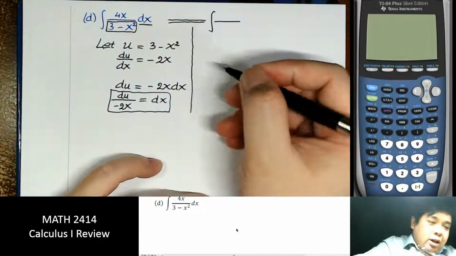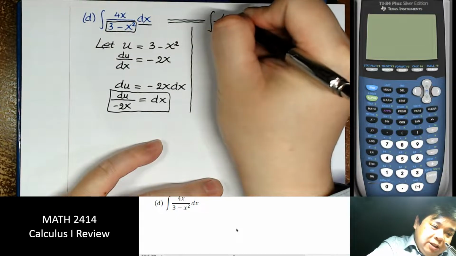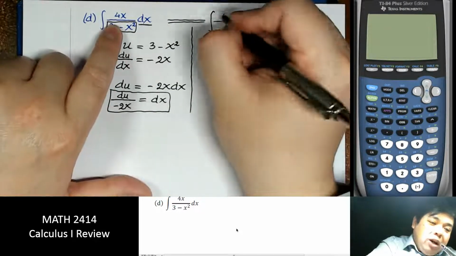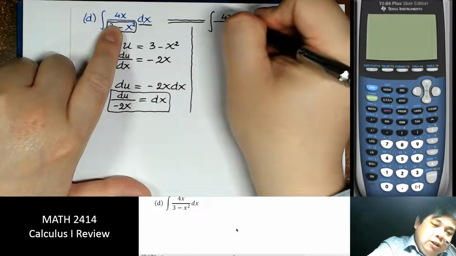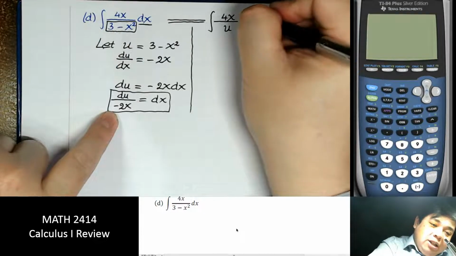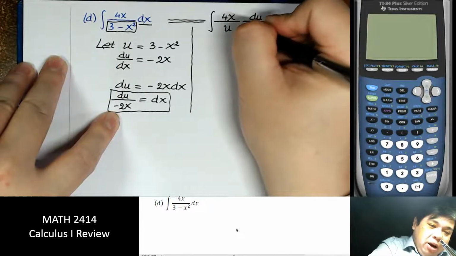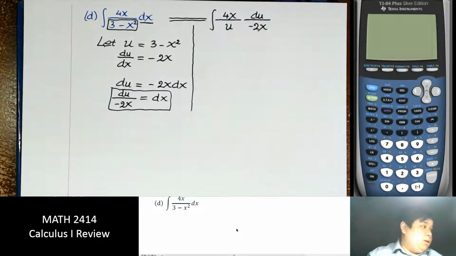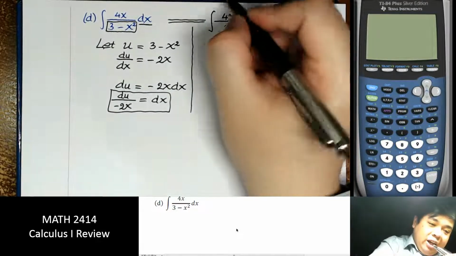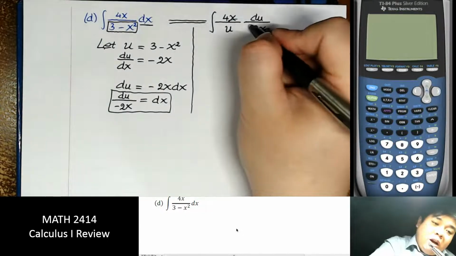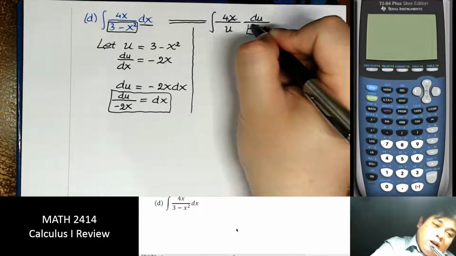Right. So we have 4x on top, and the bottom, that will be u. Dx is du divided by negative 2x. Right. Works out perfectly here. The x's cancel out. The negative 2 is a constant. Can take it outside.